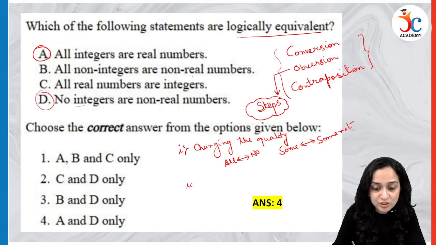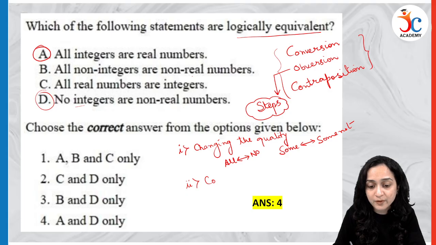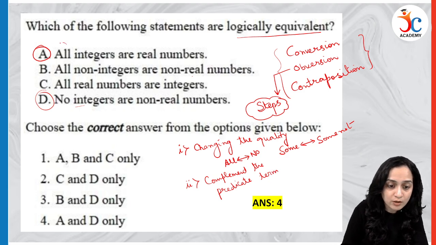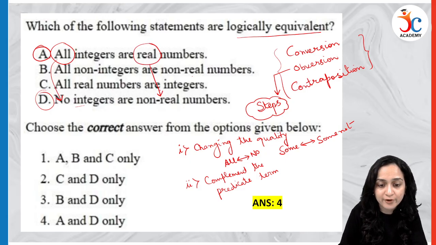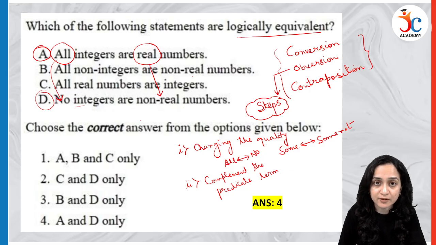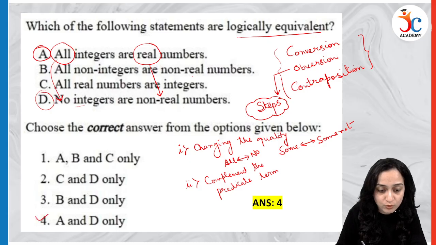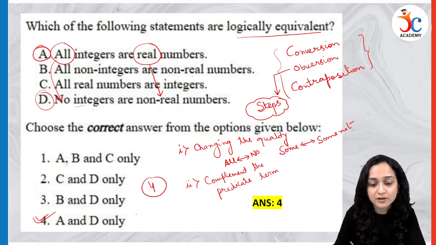And after changing the quality, we complement the predicate term. So all is changed to no and real, which is the predicate term, is changed to non-real, which is the complement. So option number 4, that is A and D, will be the correct answer.